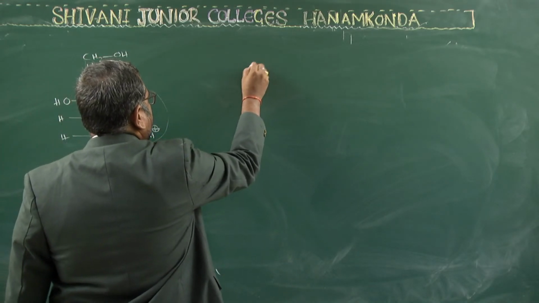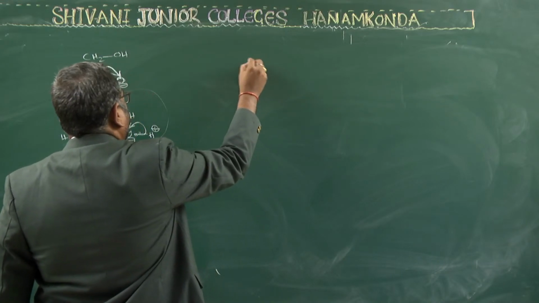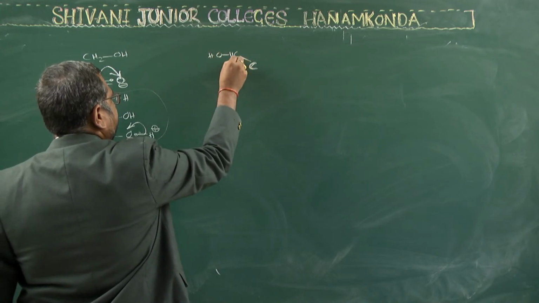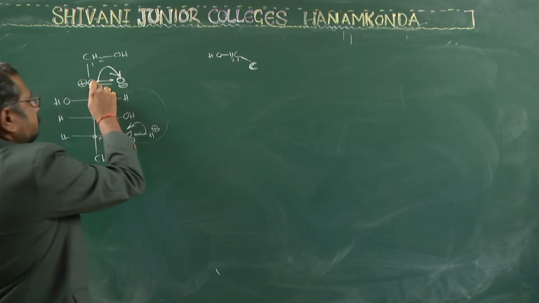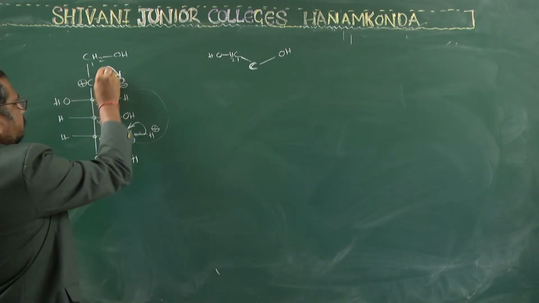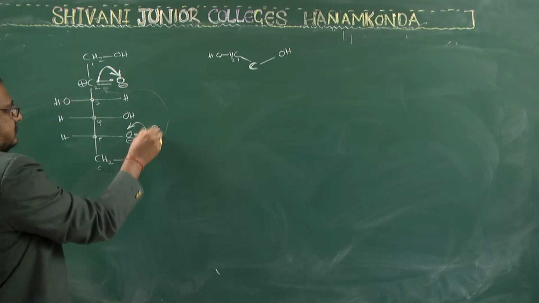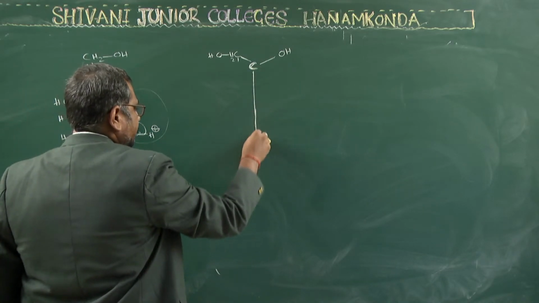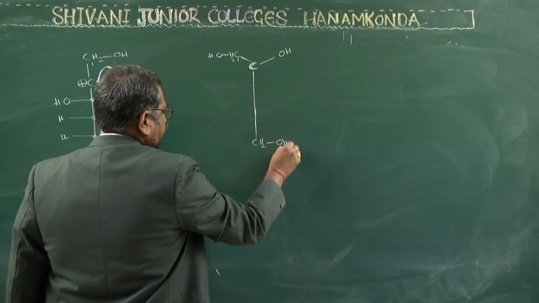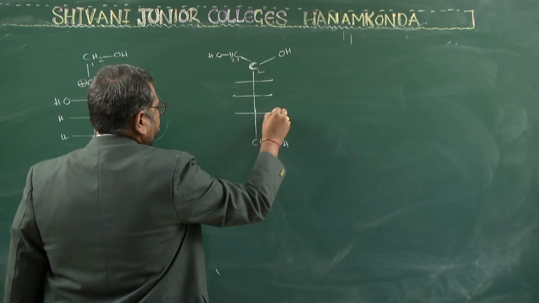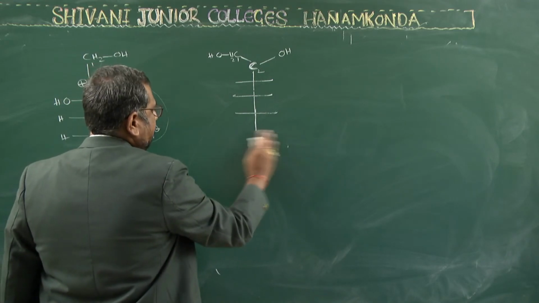So this one is carbon. Here CH2OH is the first carbon, and here is an OH group. These two electrons are attracted to oxygen minus, and this hydrogen is bonded to OH. Now CH2OH, first carbon, second, third, fourth, fifth, and this one is the sixth carbon.